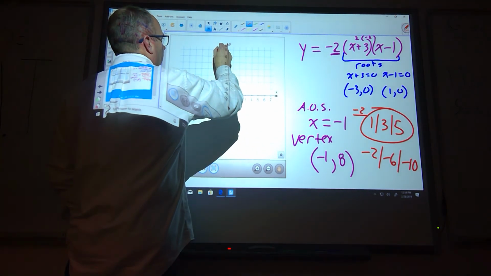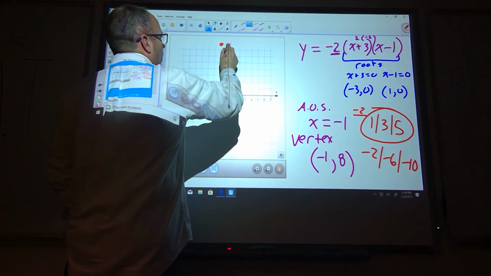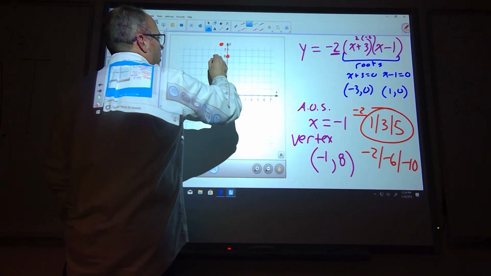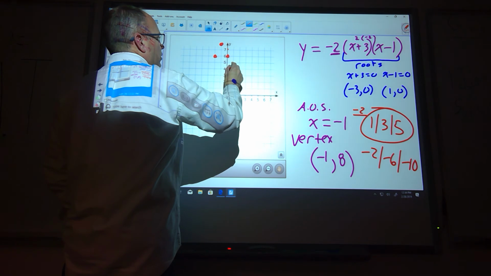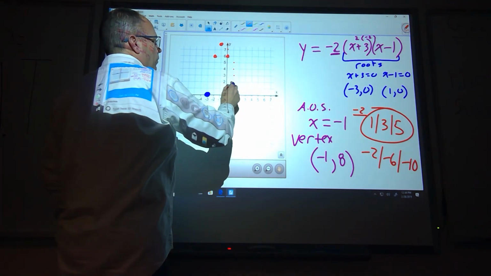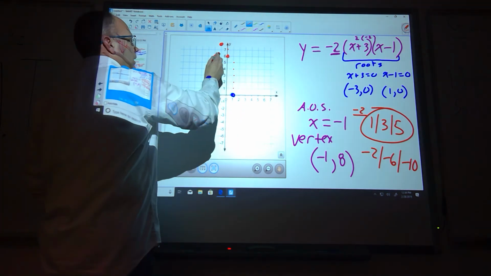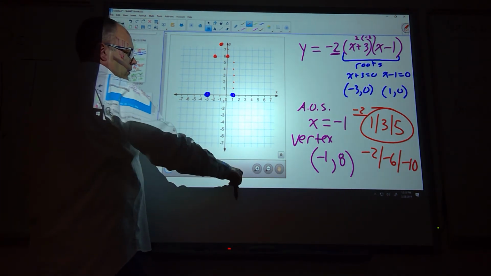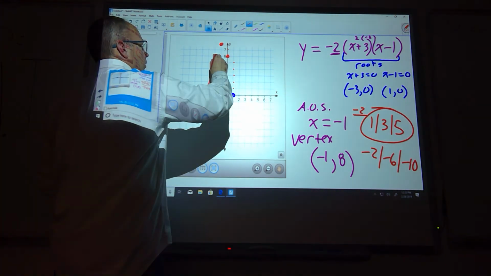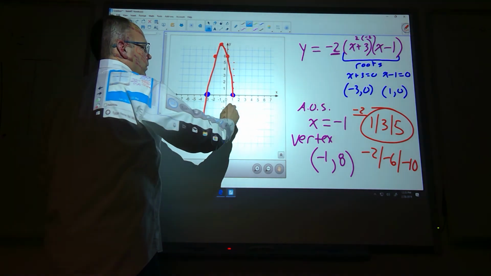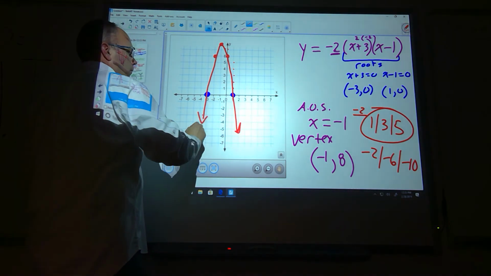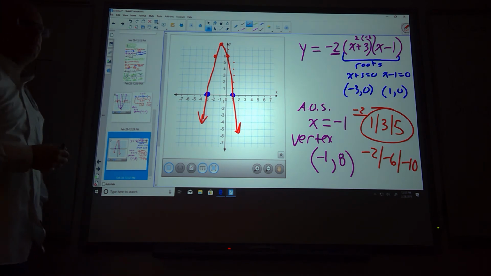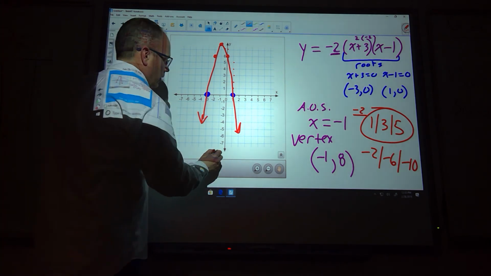That should be about 8 right there. So if I go right one down 2, left one down 2, right one down 6, 2, 3, 4, 5, 6, left one down 6, and then I could go down to 10, but it's off my graph. So that's that problem, okay? The axis of symmetry was here.